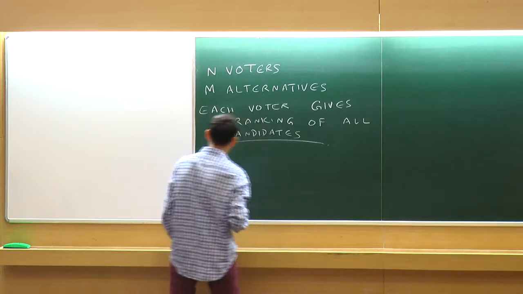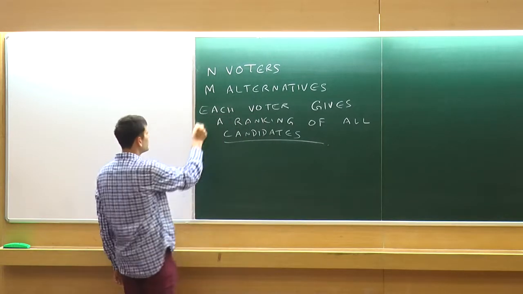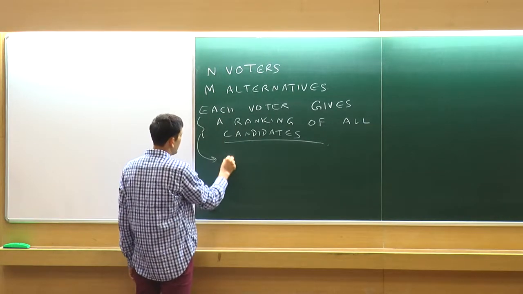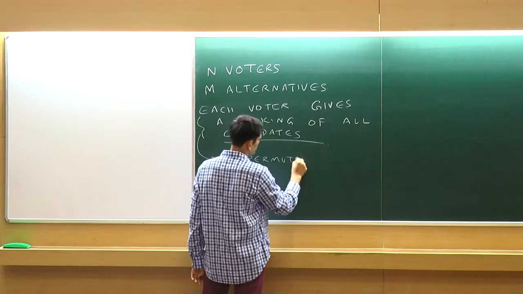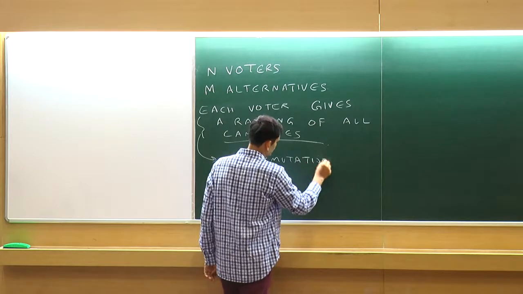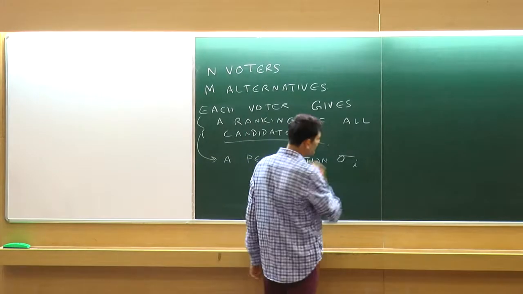We can think of these rankings as a permutation sigma i.